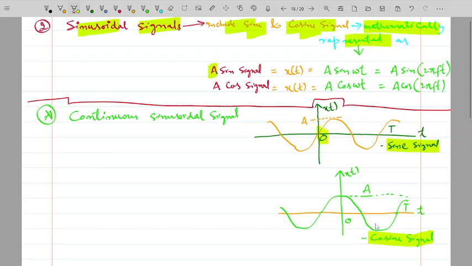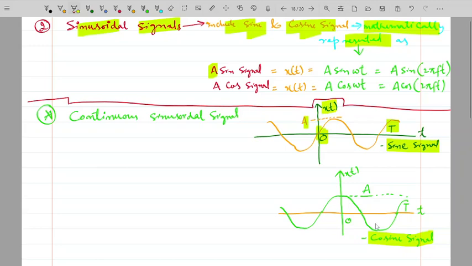This is the origin point O of the sine wave, and the sine wave starts from this origin point and then continuously increases up to t number of cycles. This is the amplitude of the sine wave, A, and the signal is x of t.